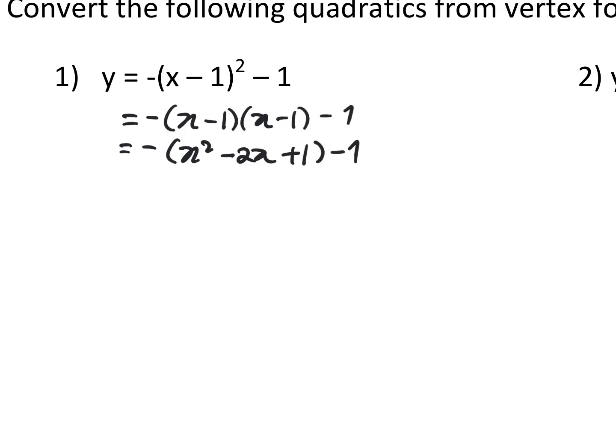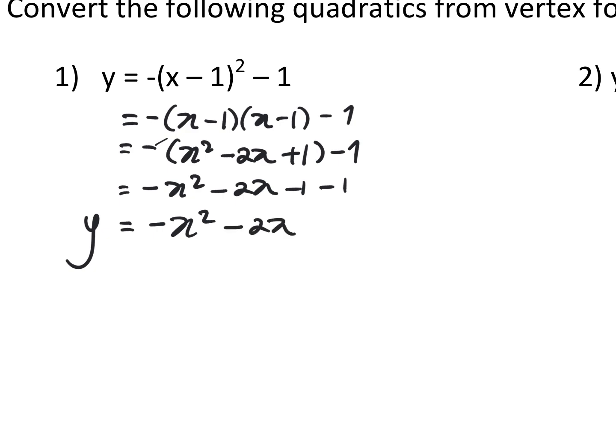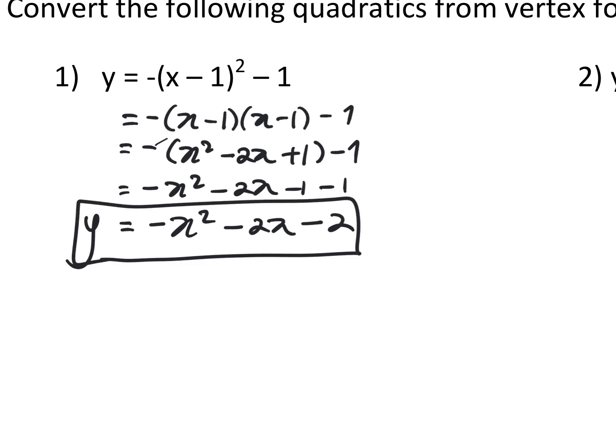Okay, I'm just going to distribute this negative on each of the terms. That's going to give you negative x squared minus 2x minus 1, and then minus 1 again in there. So our answer here is going to be negative x squared minus 2x minus 2. Okay, so this is going to be the conversion of that.